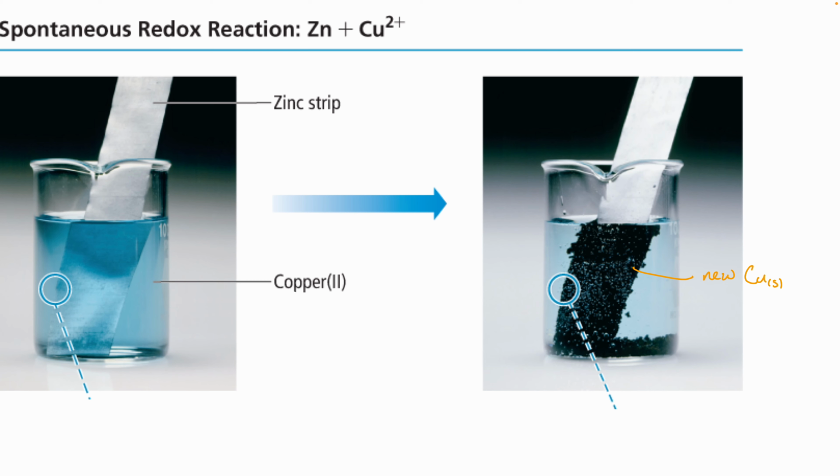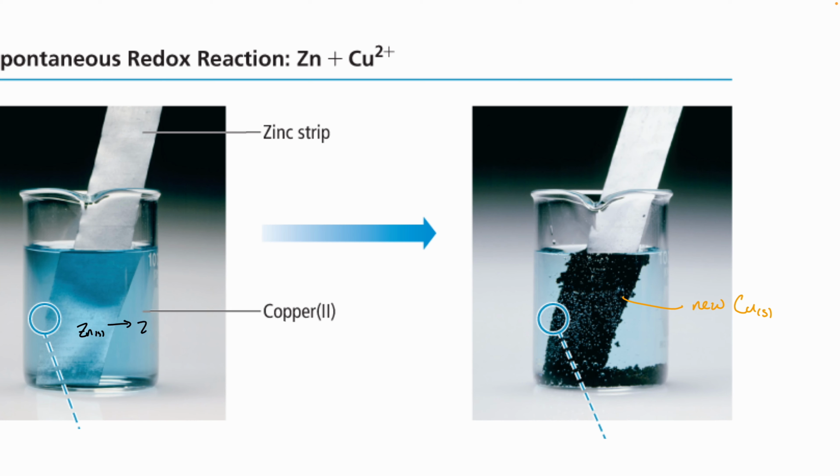What you can't really see, because it's obscured by this picture here, is what's happening to that strip of zinc. Remember, this zinc is going from being these neutral zinc atoms to being aqueous zinc ions. So they're being ejected out into that solution where they're floating around. And so now our strip of zinc would actually be deteriorating in this solution. You would see it getting chewed up by those copper ions.